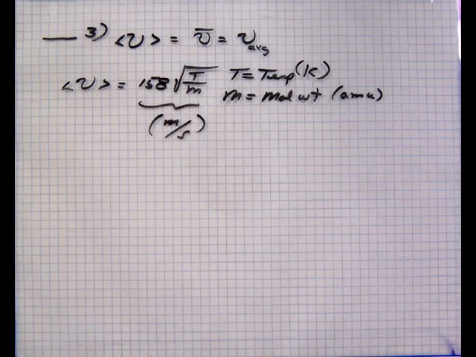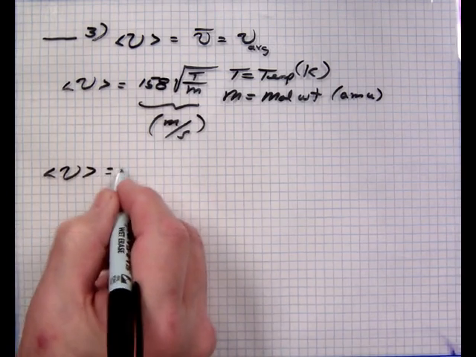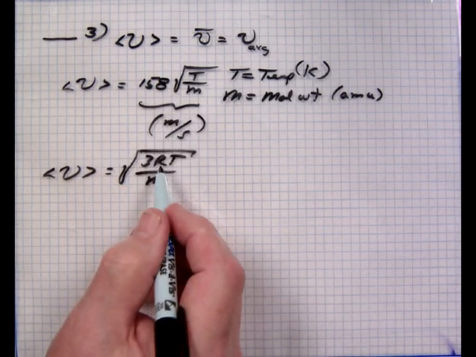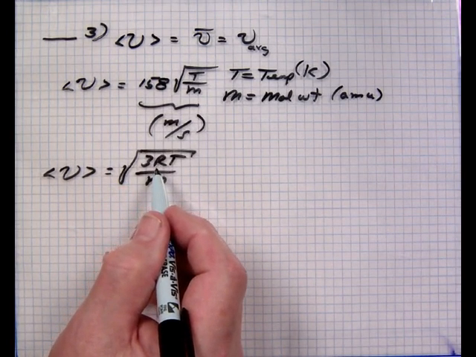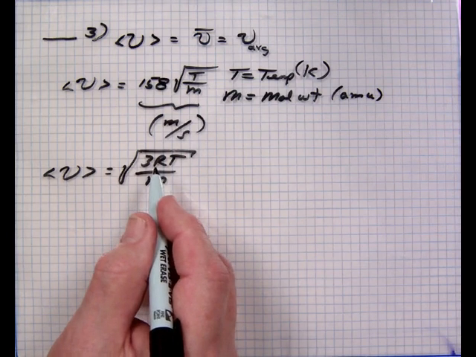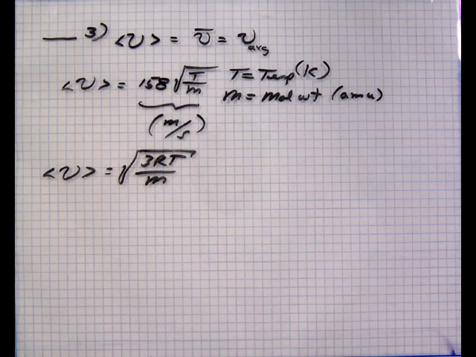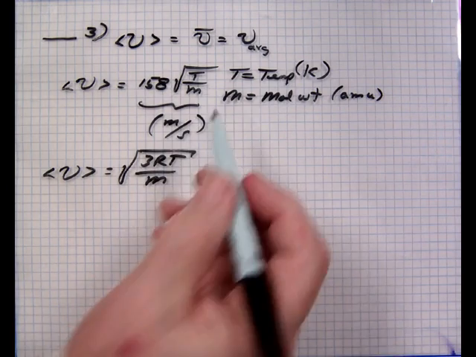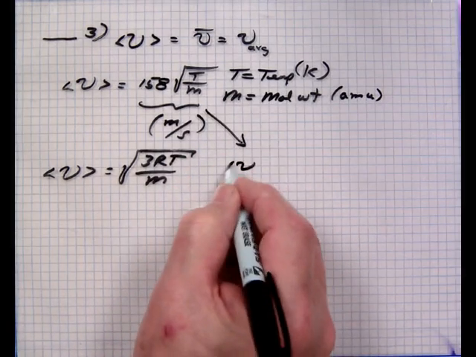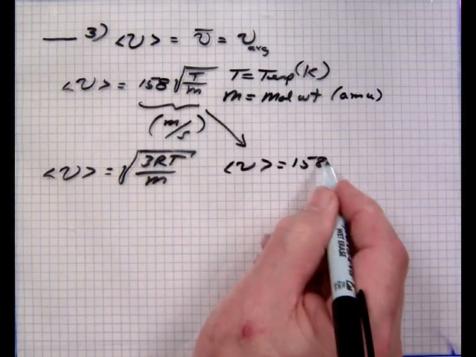Now, if you have Ebbing's text in the 9th edition, they use that RMS velocity as the square root of 3RT over M, and they take the R value, 8.314 joules per mole Kelvin, and convert joules to kilogram meter squared over second squared, and then they go through all this other. That's not usable, in my opinion. So just know that the square root of T over M times 158 gives you meters per second. You got it made.